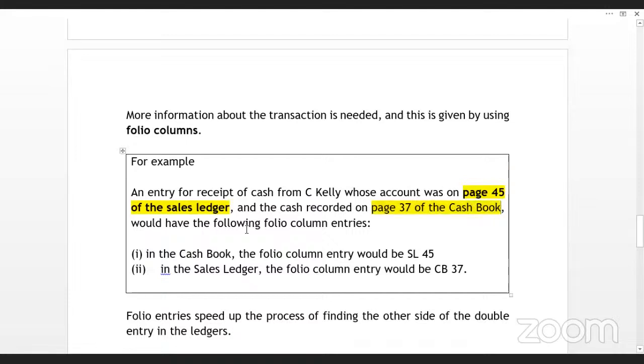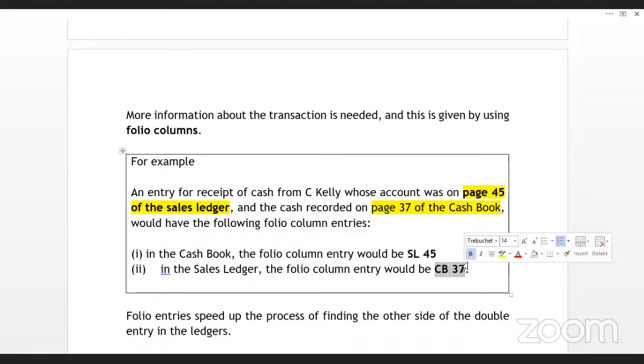In the cash book, the folio column will have sales ledger 45. So this is the reference number which you enter in the folio column. Then the sales ledger will show the folio column entry as cash book page 37, so I show that as CB 37.